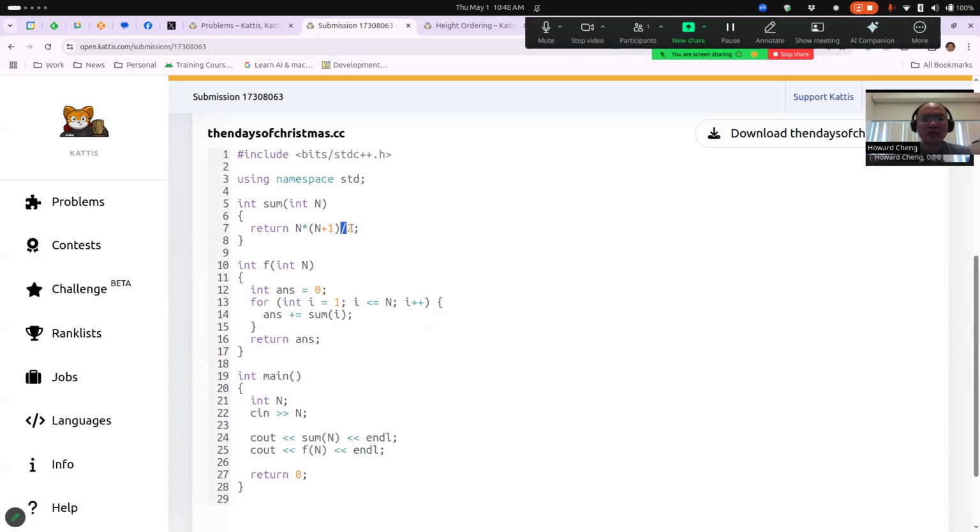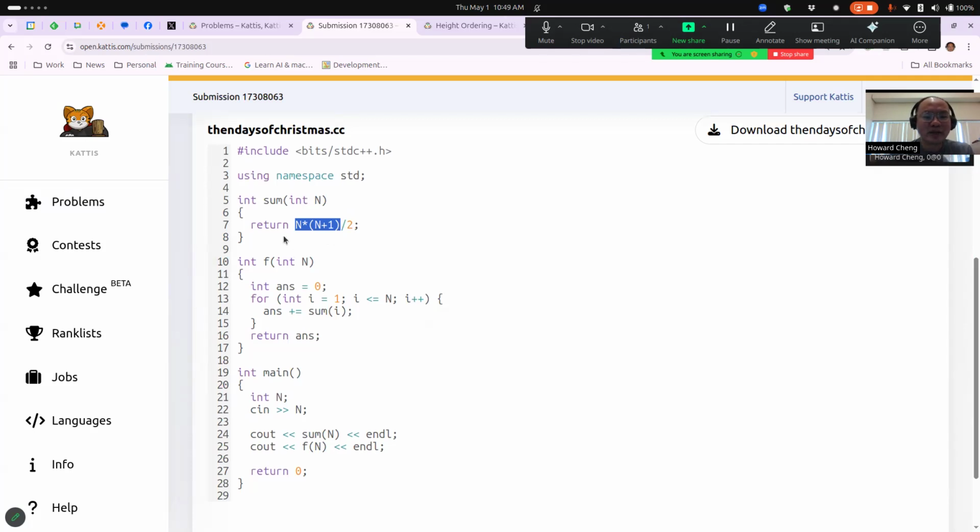But in this case, it's okay because I do things from left to right. And for n and n plus 1, one of them has to be odd and one of them has to be even. So when you multiply them together, the answer is always going to be even. You divide by 2, it's okay. You're not going to lose a half somehow. But even with something as simple as this, you want to think about it, at least in your head, to make sure that you're not making a silly mistake.